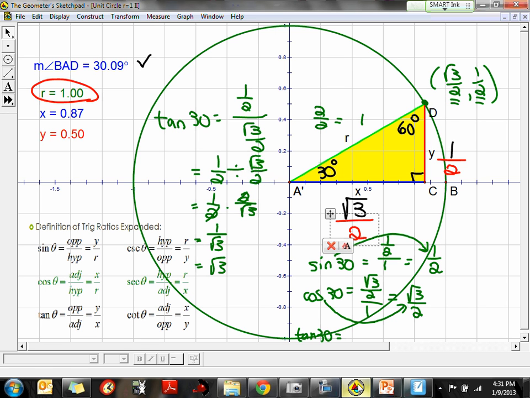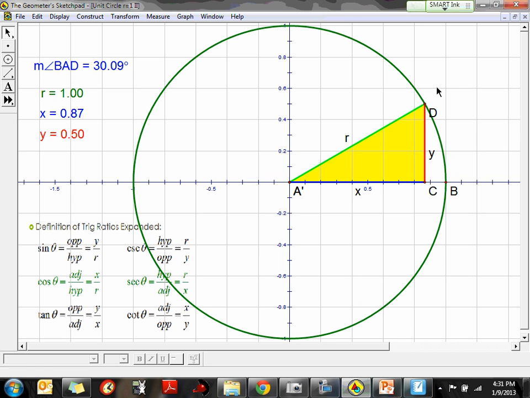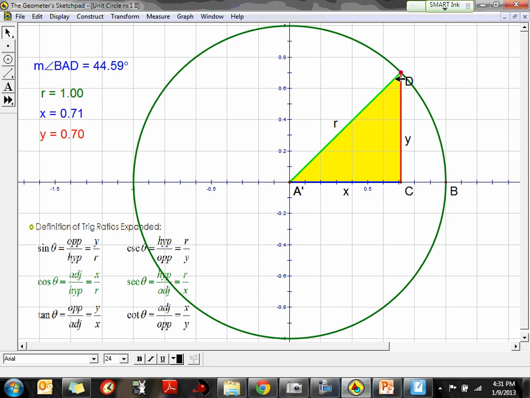Now if I convert this and make it a 45, 45, 90 degree triangle, I'm going to buzz this up to a 45. Get fairly close. Okay, so now you can see that in a 45, 45, 90, your x value and your y value should be the same, and they are.